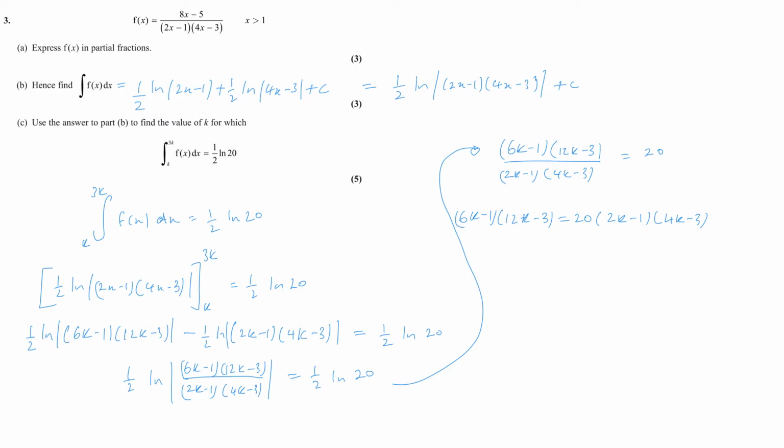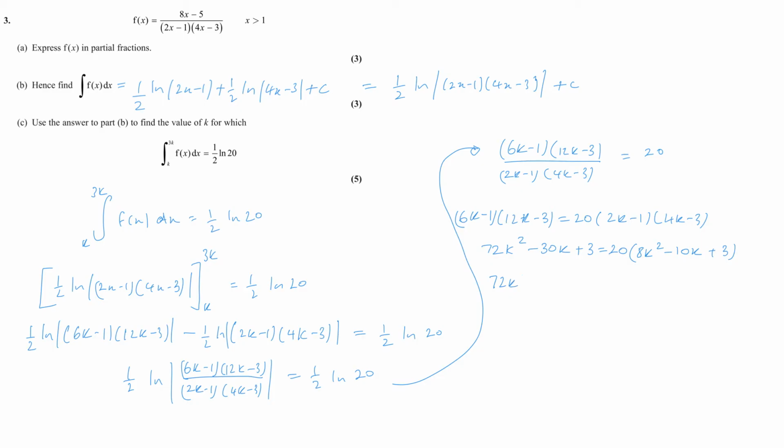So expanding these, 72k squared minus 18 minus 12 minus 30k, and minus 3 times minus 1 is plus 3, and then we've got 20 lots of 8k squared minus 6k minus 4k is minus 10k, and then again it's 3.